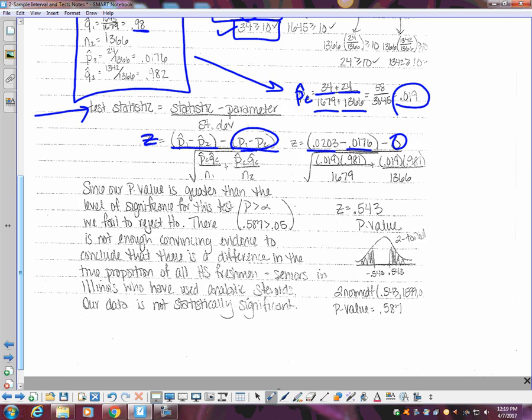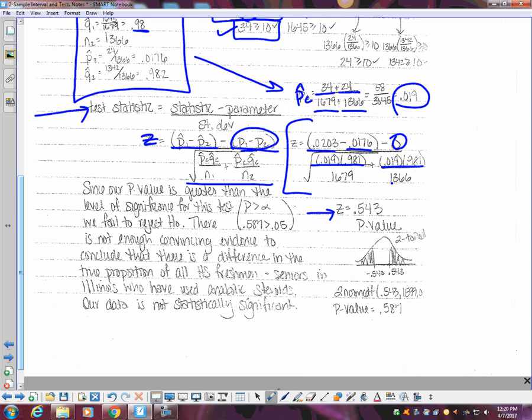That's totally fine. Here's my formula. Notice I don't have sub 1s and sub 2s. I have sub C, but I still have my N sub 1 and my N sub 2. So the tops are the same, but the bottoms are your two different sample sizes. Type this in right here, and I got Z to be 0.543.